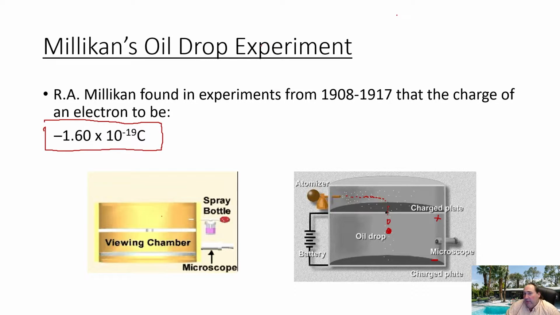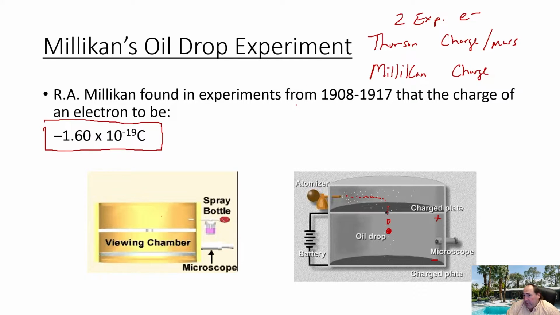So two really important experiments here in terms of the electron. We have Thomson, who was able to figure out the charge to mass of an electron using the cathode ray tube. We have Millikan, who was able to use the oil drop experiment to figure out the charge of an electron.